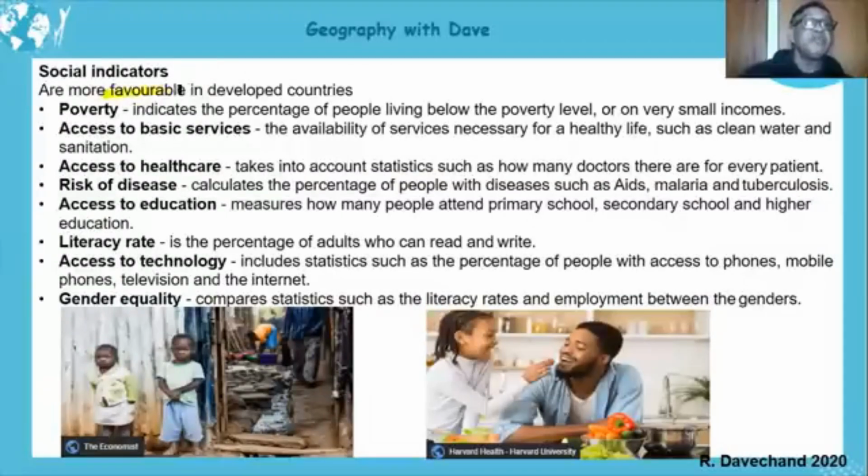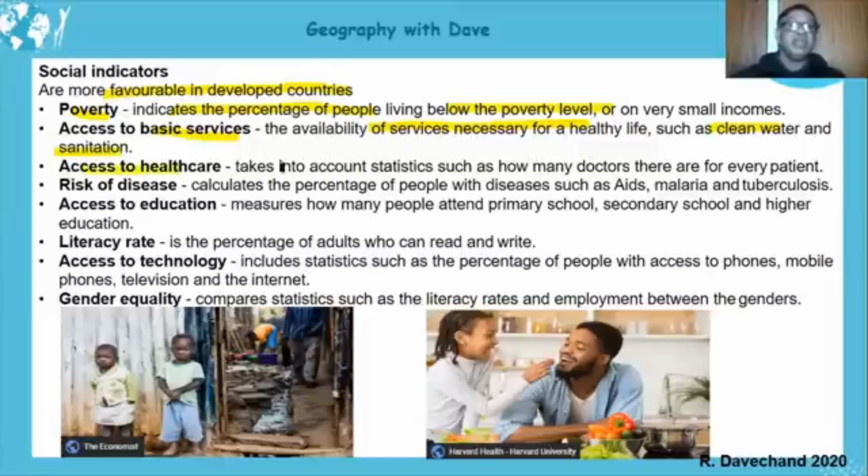Again, they're more favorable in developed countries. They're better off, like poverty, which indicates the percentage of people living below the poverty line with very small incomes. Access to basic services, you know, sanitation, clean water, piped water, etc. The services available necessary for a healthy life, such as clean water and sanitation, affect development also, because the quality of life is affected, and it's more in the less developed countries.